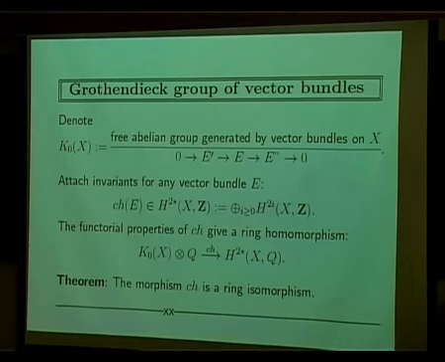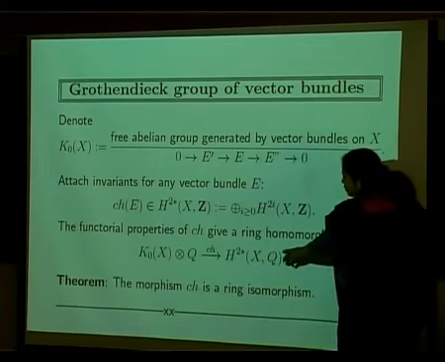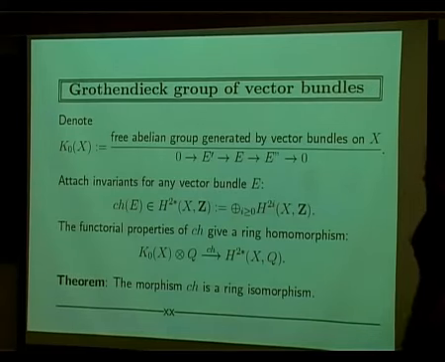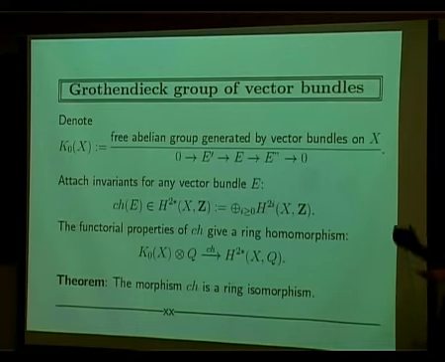And it's a theorem that you have a map which is actually a ring homomorphism, because when you look at the disjoint union of all these cohomology groups, it also has a ring structure. So it basically says that this Chern character, which associates invariants to vector bundles and which corresponds to classes on your X, is an isomorphism.